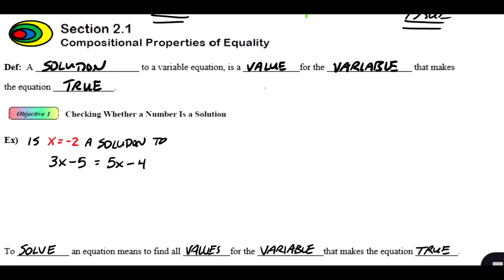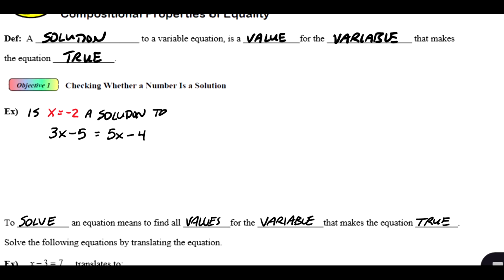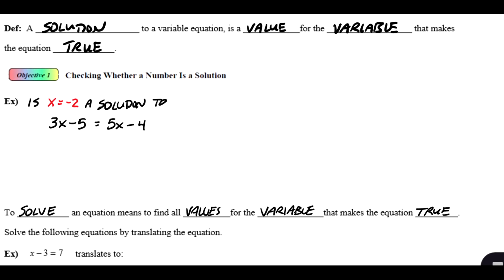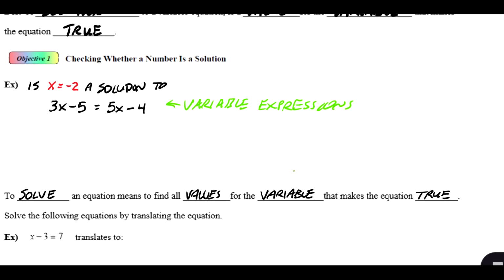So if we have a variable equation, 3x minus 5 equals 5x minus 4, I get two variable expressions. In order to compare their values, I'm going to substitute into the expressions x equaling negative 2.